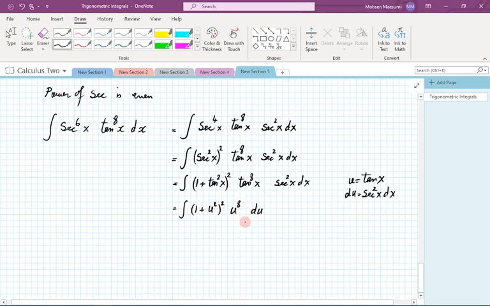Well, this became a polynomial integration, and that means essentially the problem is over, because it's very easy from here on.